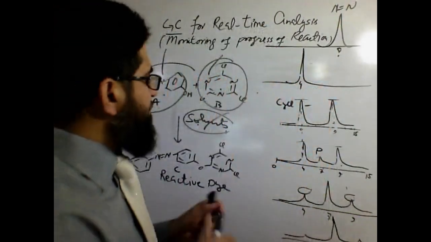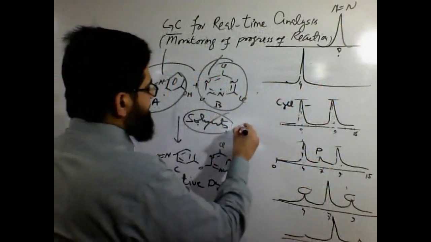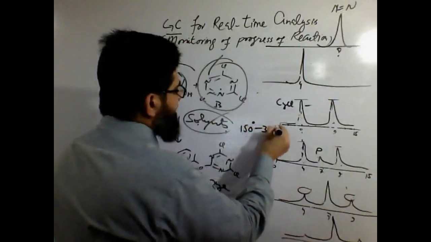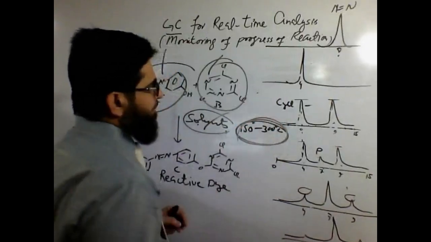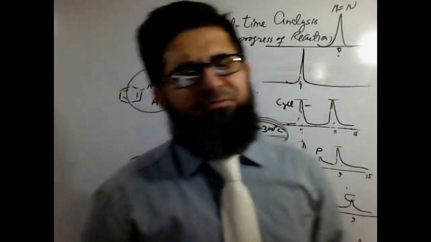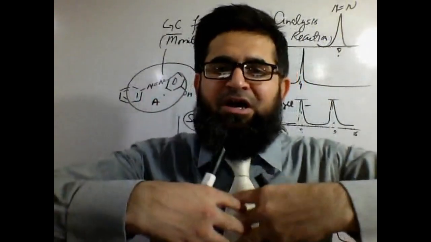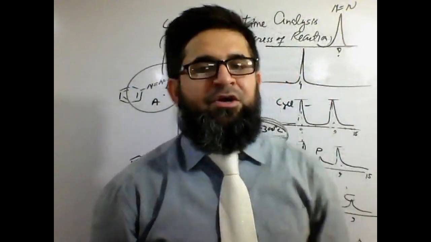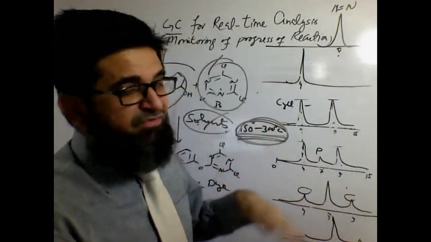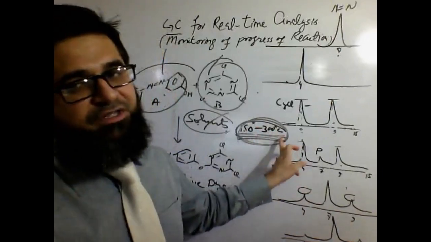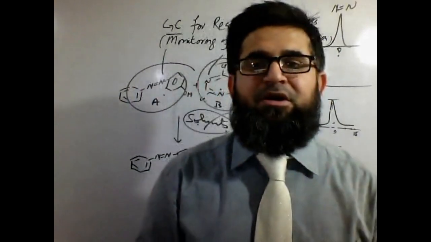I've told you, in case of GC, we increase the temperature from 150 to 300 degrees C. This very high temperature is very suitable for vaporizing many types of molecules and reactants. However, if someone's boiling point is higher than this temperature range, then those samples will be hard to analyze on GC.